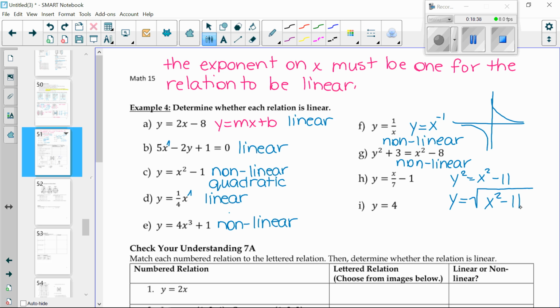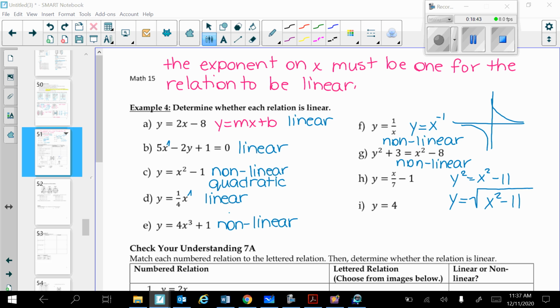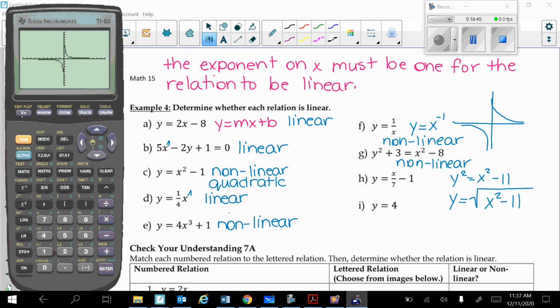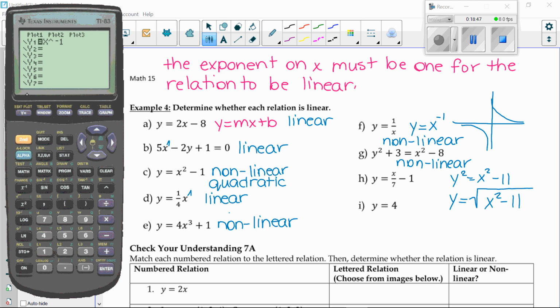Now let's see what happens when I graph this one. Y equals, I'm going to clear that, and I get the square root in brackets x squared minus 11. I get something that looks like this. So that is definitely nonlinear.